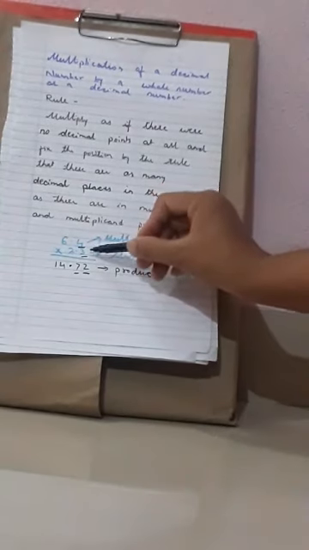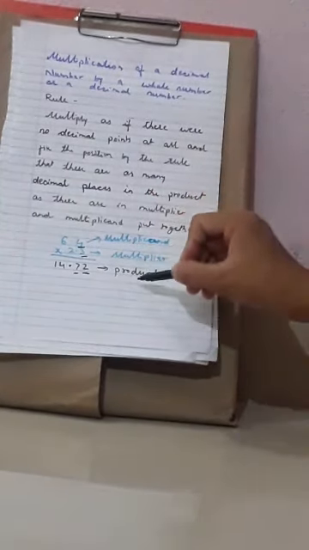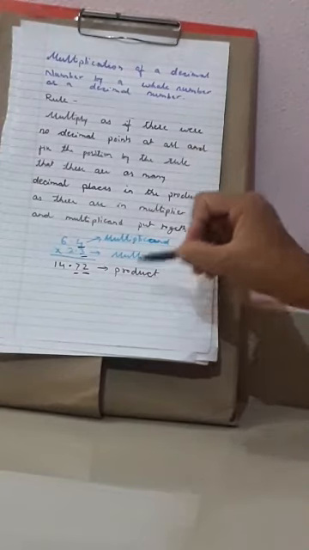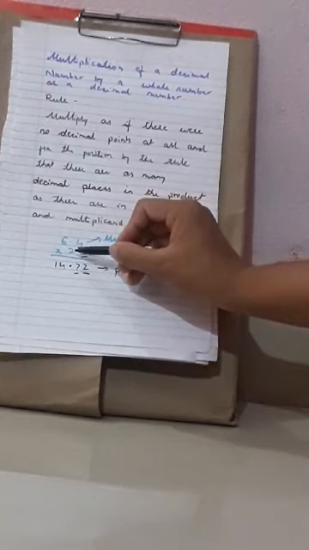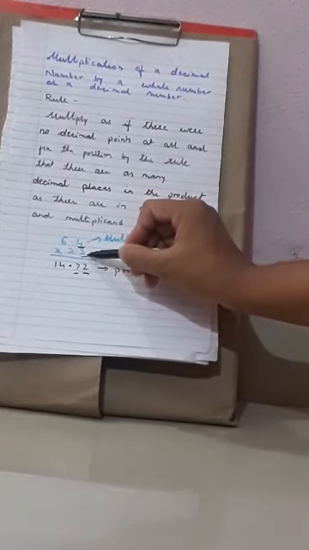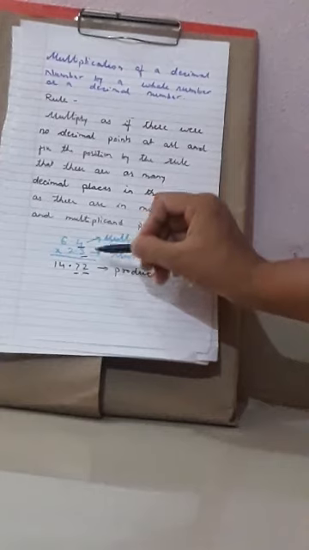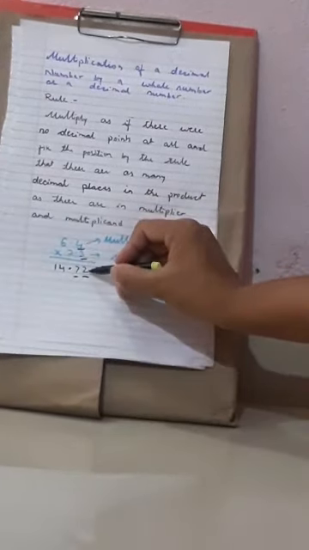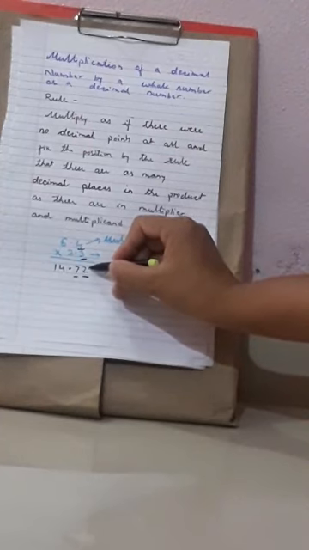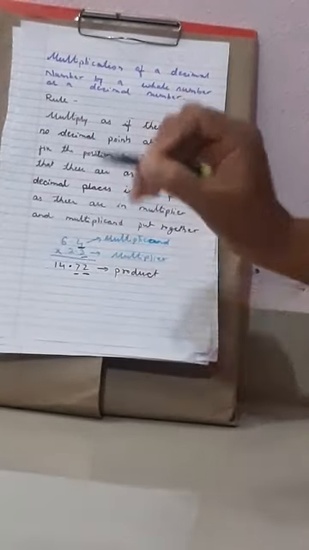This is the multiplicand and this is the multiplier, and the answer you get is known as the product. Now here you will see, after the decimal point 1 digit is there. Here also, after the decimal point 1 digit is there. So total how many digits are there? 2. So count from right towards left. 1, 2. So after 2 digits you will put a decimal point.